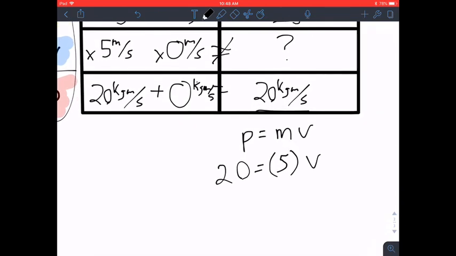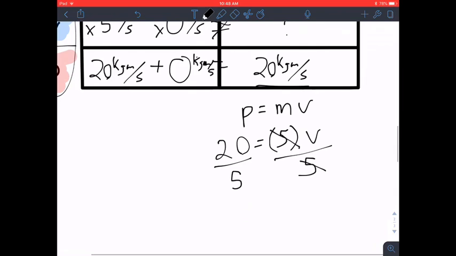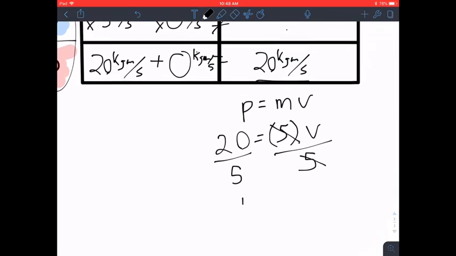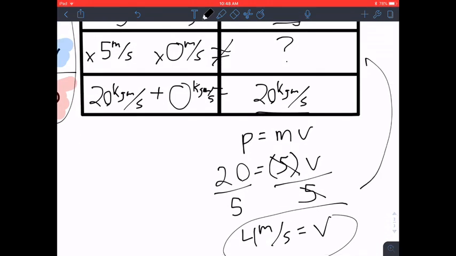So the way I do this is I've got to get velocity by itself. So I'm going to divide both sides by 5. 5 cancels out on the right-hand side. 20 divided by 5 is 4. And that is my velocity. And I'm going to take that and plug it in right here.